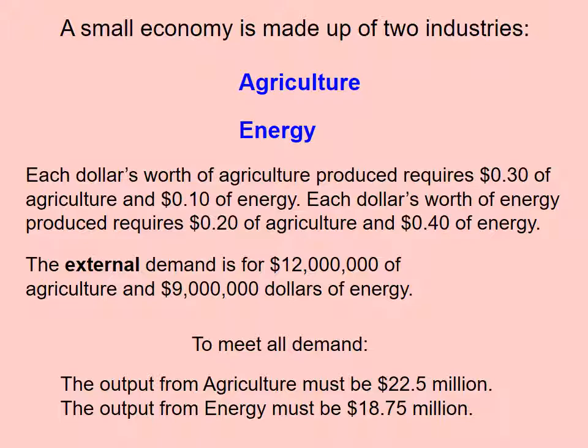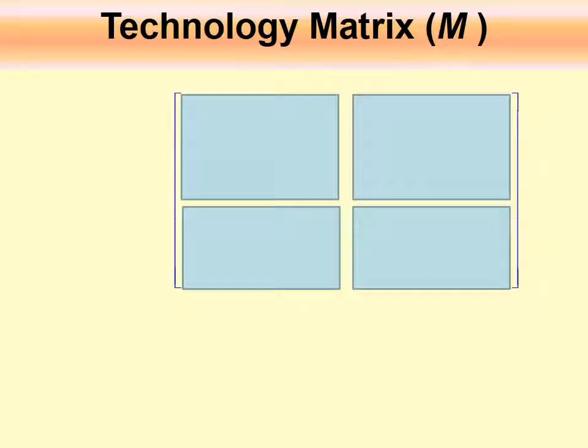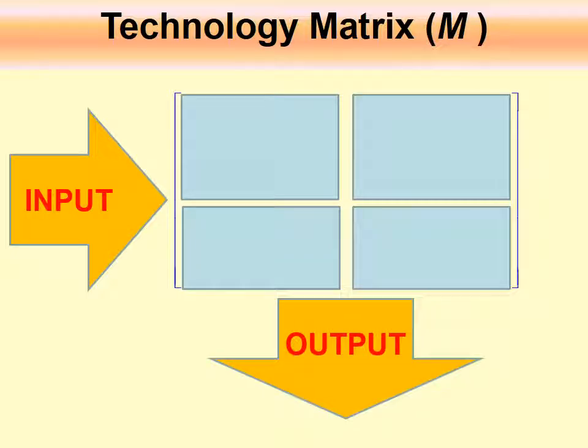Now the bottom line of this is we have that formula on our formula sheet. We need to know how to create the two matrices, the technology matrix and the demand matrix. Now to create the technology matrix, our rows are going to represent inputs and the columns outputs.